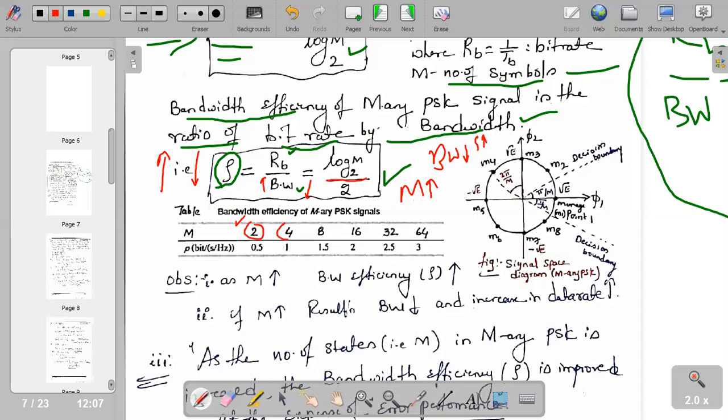When M is 4, it is QPSK, and when M is 8, it is 8-array PSK, then 16-array PSK, 32-array PSK, and 64-array PSK.